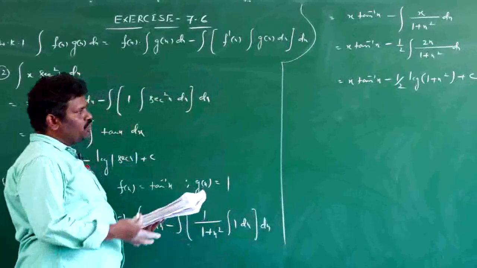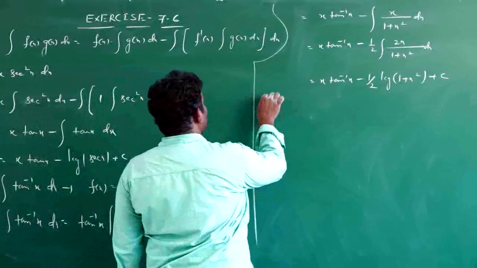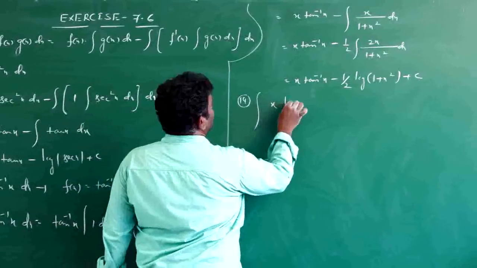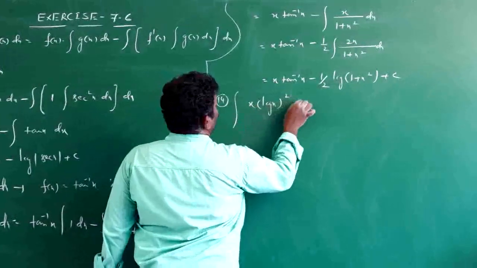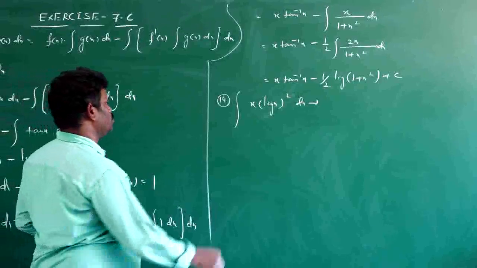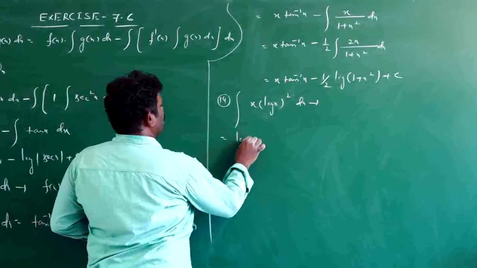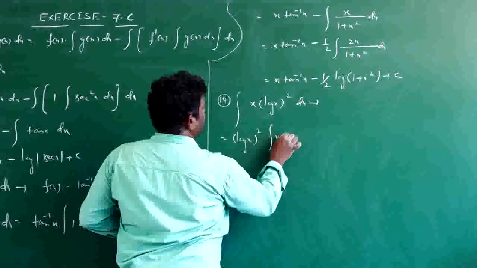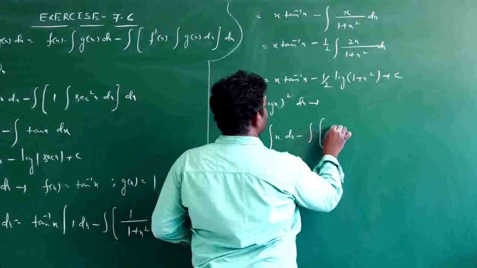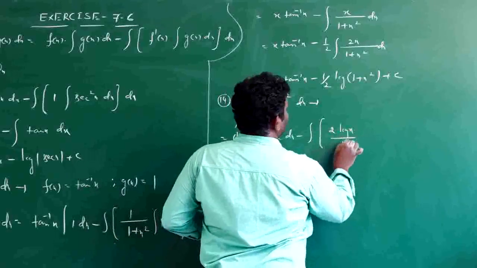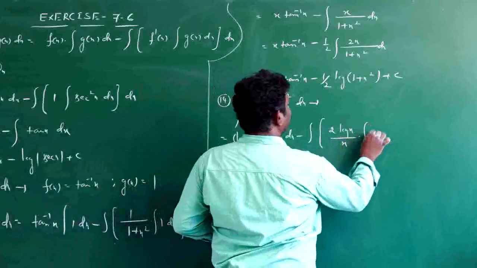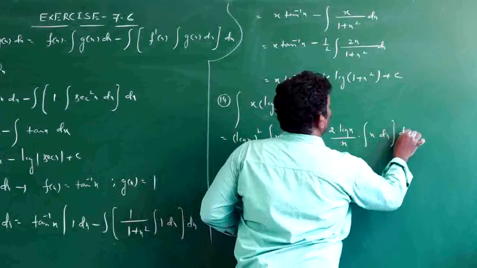Okay na? So write 14th also, see ma, 14th question also see ma here. Here 14th is given ma, integral x into log x whole square dx. So already you know that here log function means f of x function. So that is equal to first, log x whole square integral x dx minus integral of, log x whole square differentiation 2 into log x by x, integral x dx whole dx value.